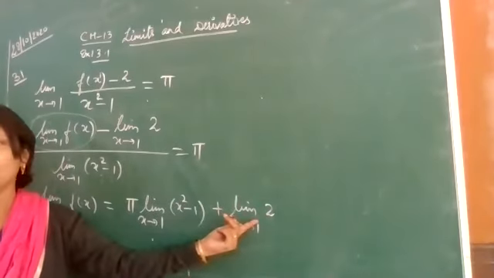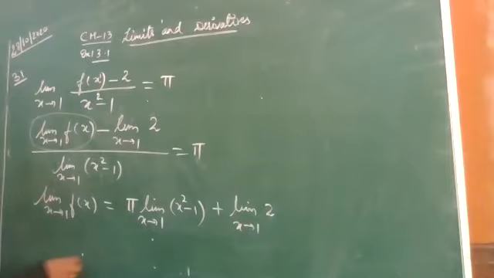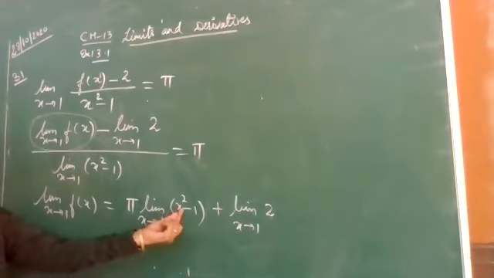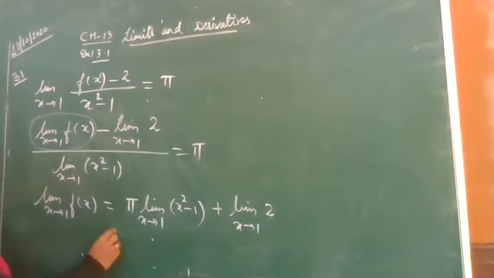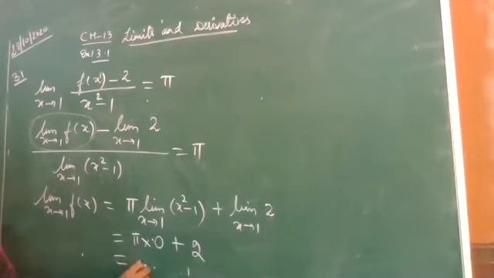Now here, either we can write x square minus 1 as (x minus 1)(x plus 1), or you can put the limit here only, because nothing will cancel, so no need to simplify it as factors. So we can put x equal to 1 here. This becomes 0, and this is 2. So 0 plus 2, that is 2.